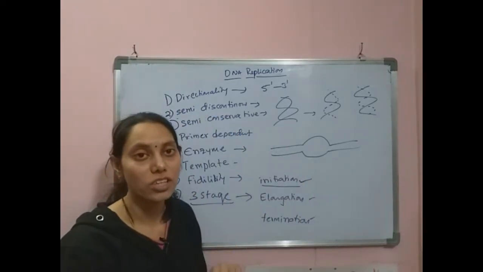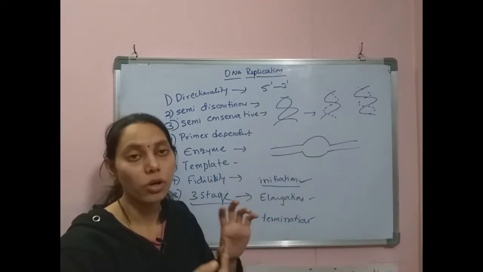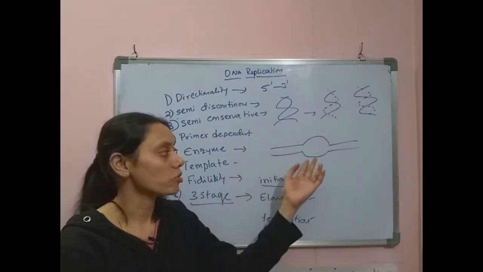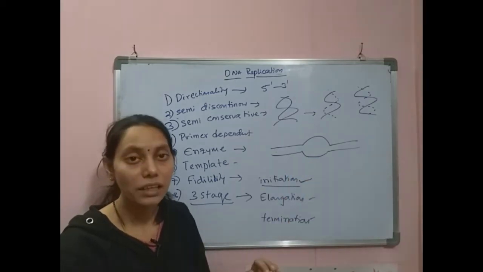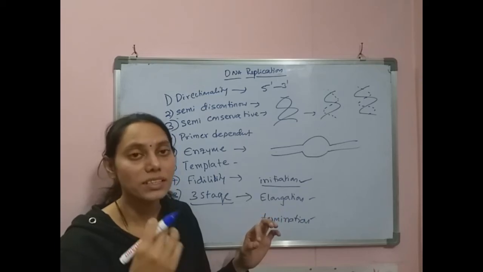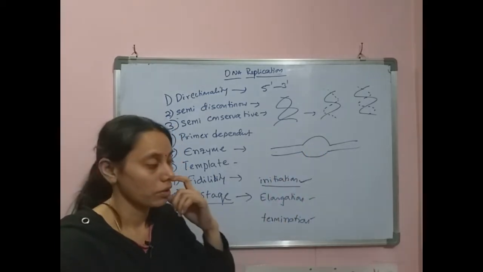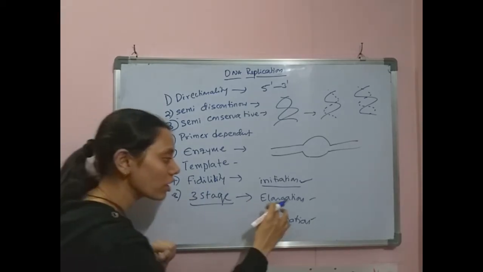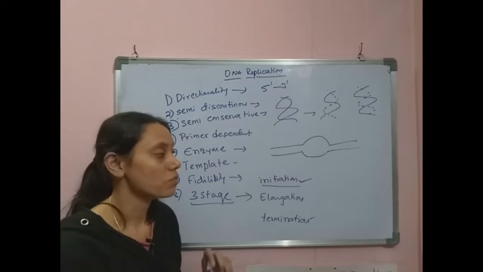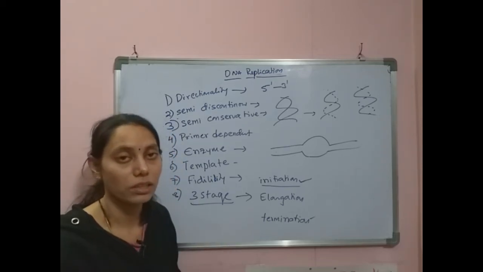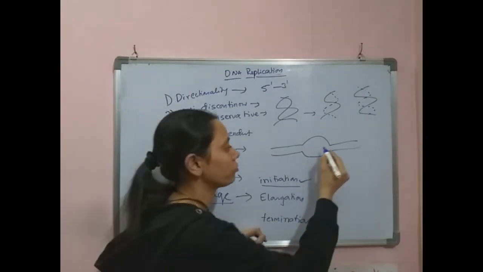Whatever changes are made in the DNA, the replicative enzyme called polymerase will be brought to the site of DNA replication and starts the DNA replication. That means it starts the addition of nucleotides onto the template. And elongation is the second step. That means once DNA replication got initiated, it should continue.